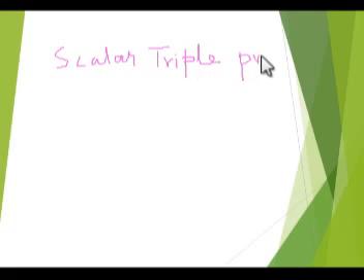So you have any three vectors A, B, C, and they are related in this way.